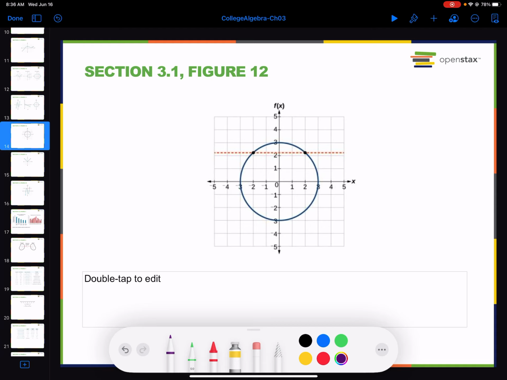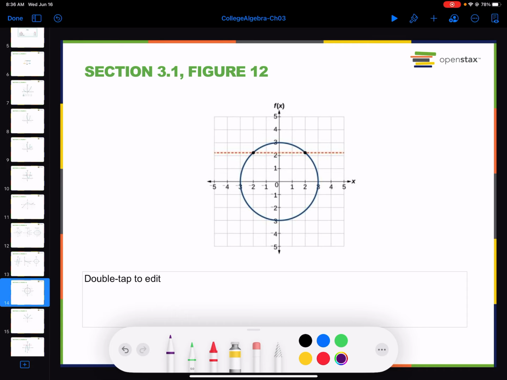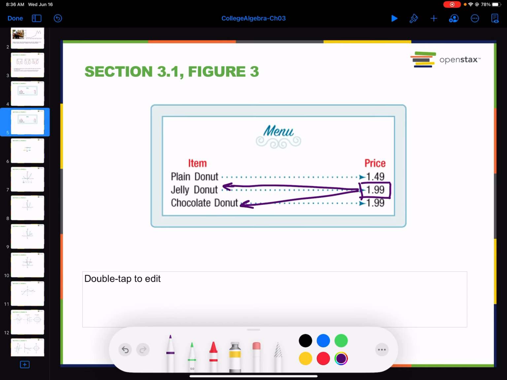Now there's something else known as a function being one-to-one. Similar to our donut example, let's say that this last donut was $1.79. Now this is a one-to-one function, because if I told you I ordered the plain donut, you would know how much I paid for it. And if I told you I paid $1.99, you would know what donut I ordered.